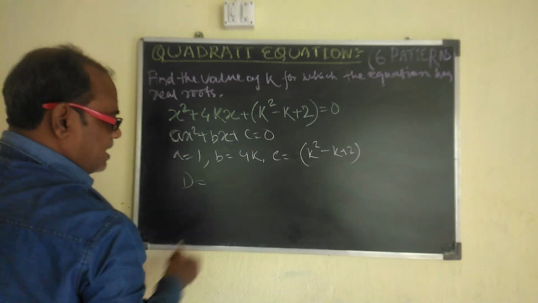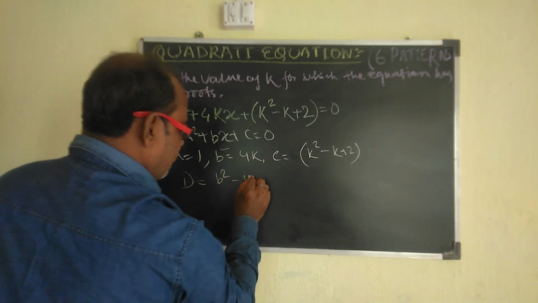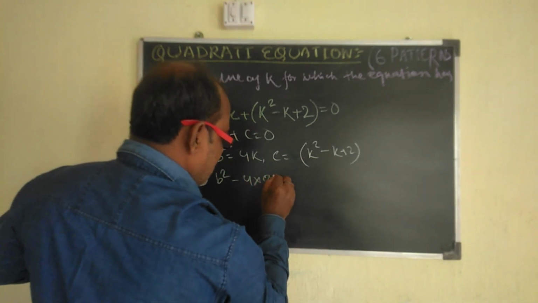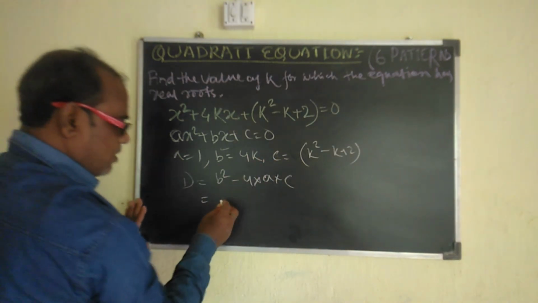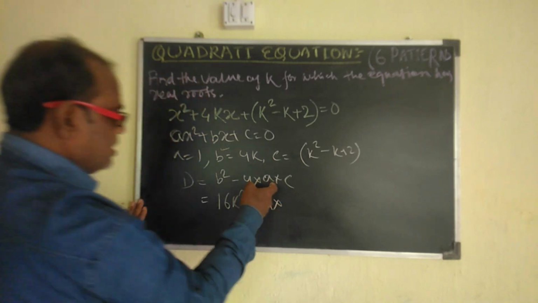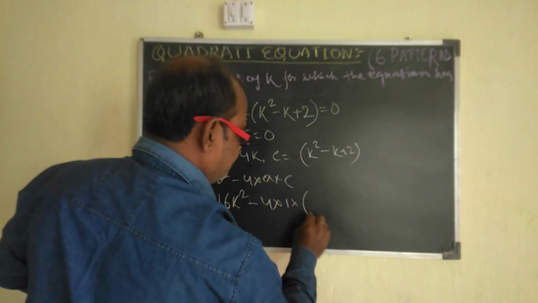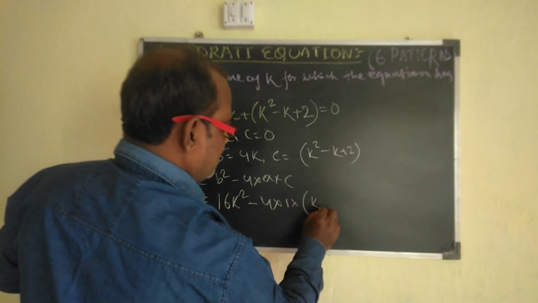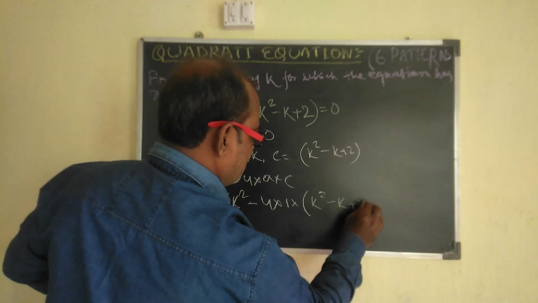Now according to Sridharacharya's rule, D, the discriminant, is equal to b square minus 4 into a into c. Here b is 4k, so (4k) square is 16k square, minus 4 into a, which is 1, into c, which is k square minus k plus 2.